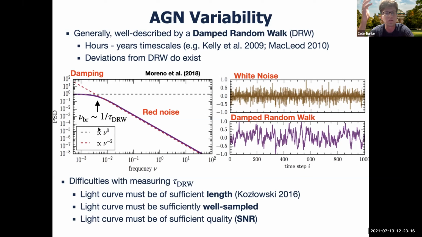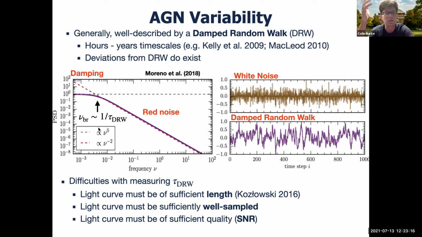There are difficulties with measuring this break time scale, which are very important. One is that the light curve, at least with simple damped random walk modeling, must be of sufficient length, roughly 10 times the length of that time scale, or tau, as I'll refer to it in my talk.